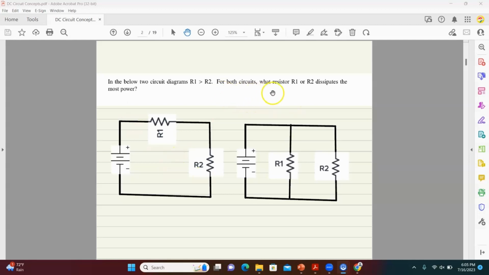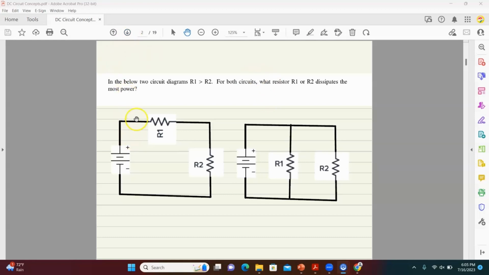When it says which one of these resistors dissipates the most power, they're talking about converting energy from electrical potential energy into energy used by the resistor. Power is energy per time. You need to constantly supply energy per time in order for your light bulb to keep shining, or for your dryer to keep working, or for your computer to keep working, or whatever the resistor may be.